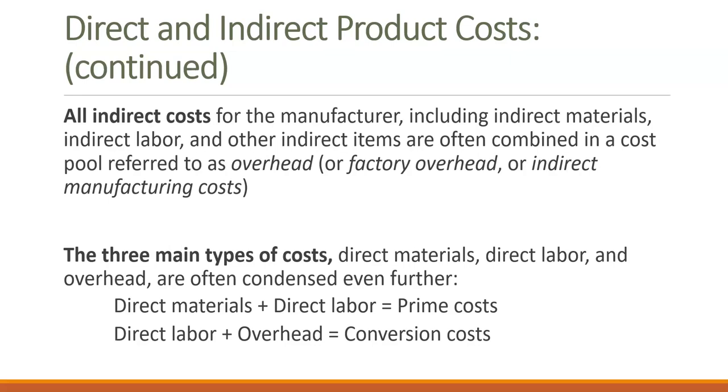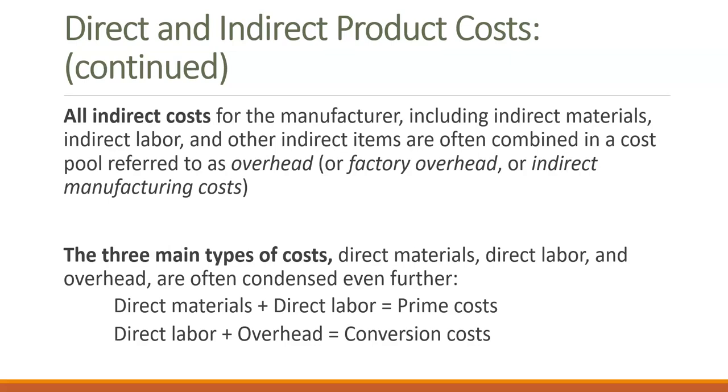So the three main types of costs that we have are direct materials, direct labor, and overhead. We can divide those further into prime costs and conversion costs. Direct labor is both a prime cost and a conversion cost.